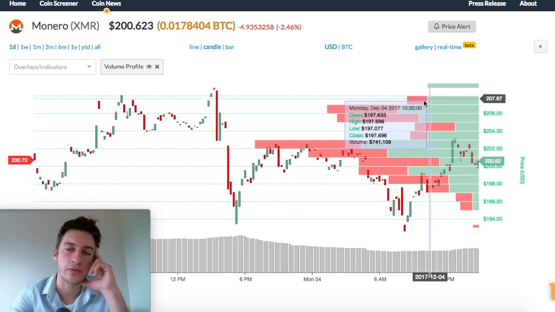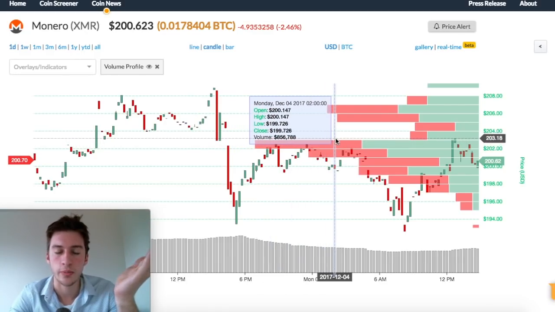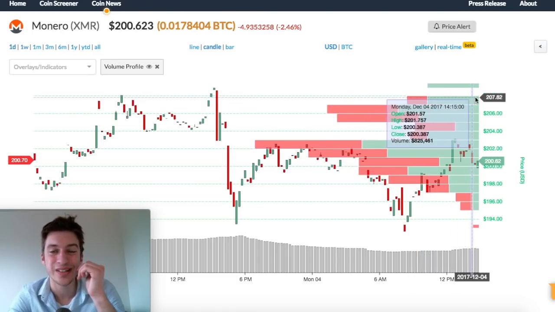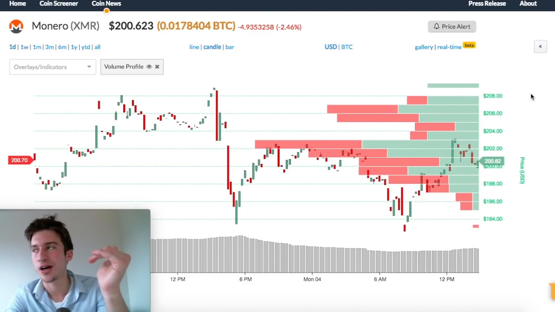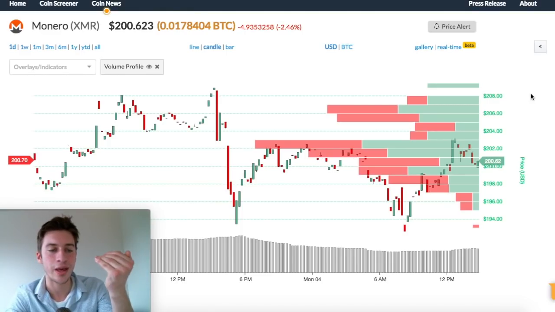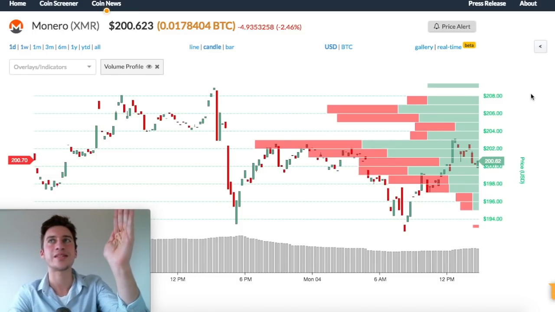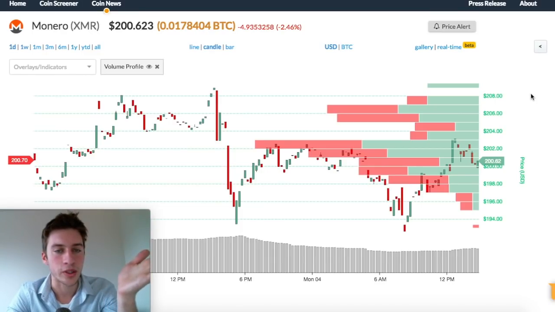The price level has to be very, very high like this for it to have enough sway in the market. And when we have a lot of buyers at a level but not many sellers, what's going to happen when price comes up? Well, those buyers are currently at a loss. So when price comes up, they want to get out at break even. And if they want to get out at break even, that's going to cause price to make that V formation, hit their levels, and then immediately dip down. So that would be forming good resistance.